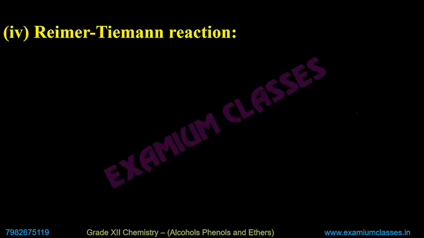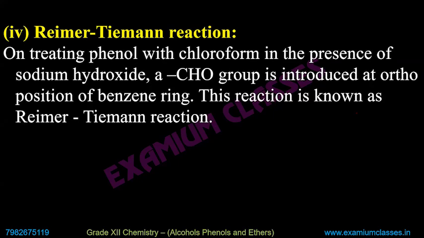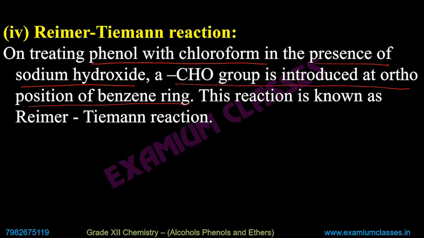Okay. Next one is Reimer-Tiemann reaction. Again, very important one. And here it is CHO group. On treating phenol with chloroform in presence of sodium hydroxide, a CHO group is introduced at ortho position of benzene ring. This reaction is known as Reimer-Tiemann reaction.